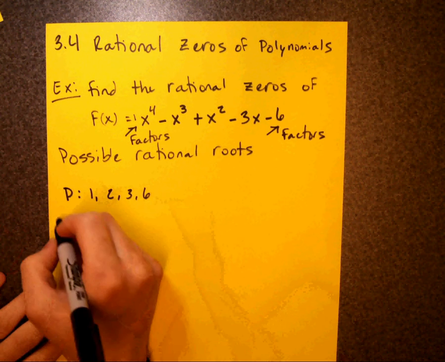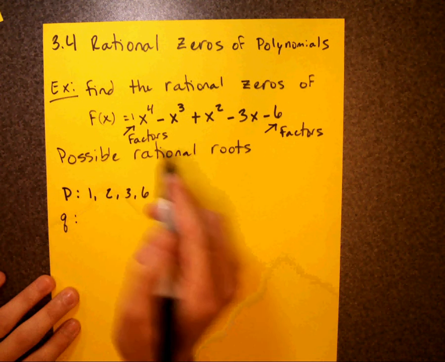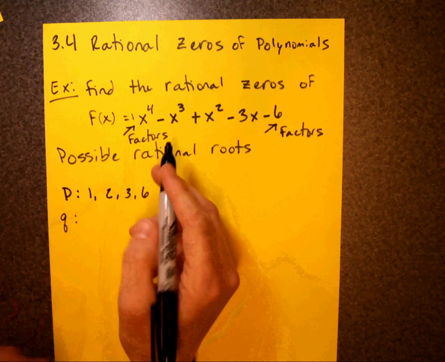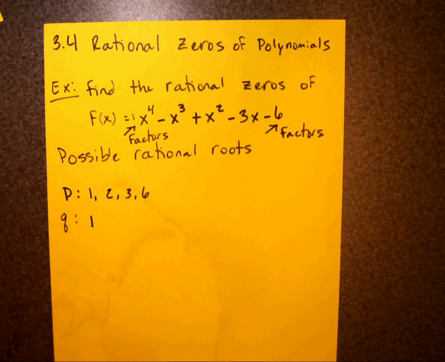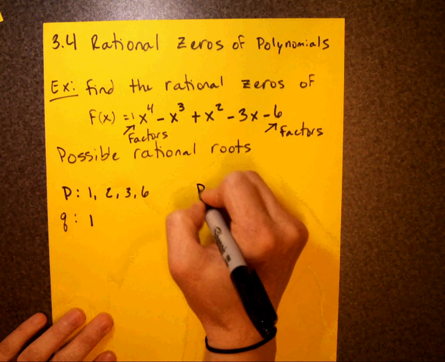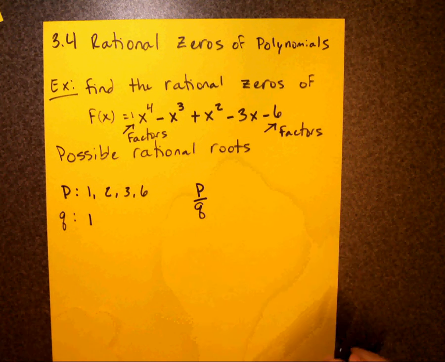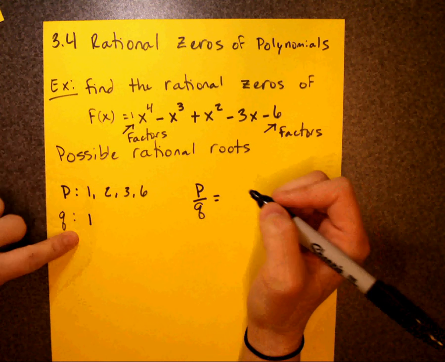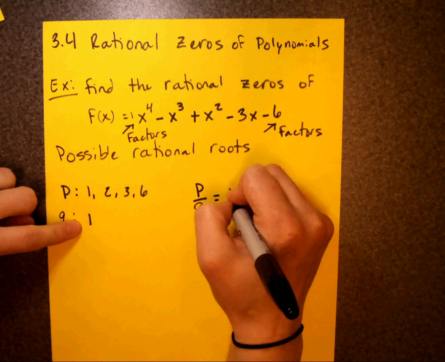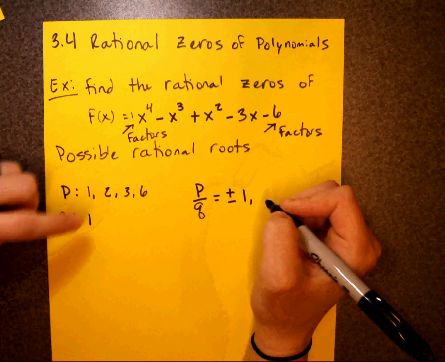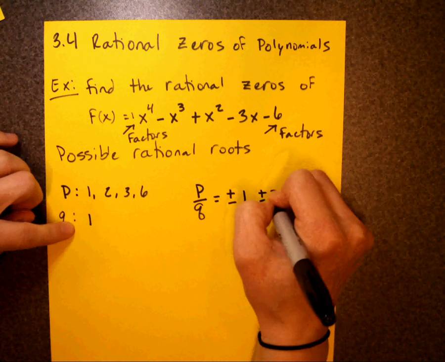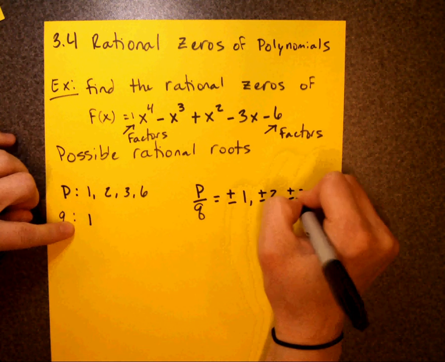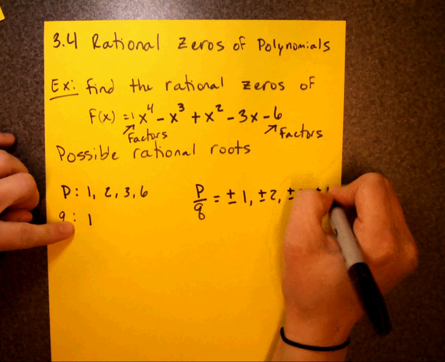And we'll call Q the factors of my leading coefficient, which is just 1 in this case. So I just have 1. So my possible rational roots are either the positive or the negative of each of P divided by Q. So 1 divided by 1 gives me positive or negative 1. 2 over 1 gives me positive or negative 2, and so on, positive or negative 3, or positive or negative 6.